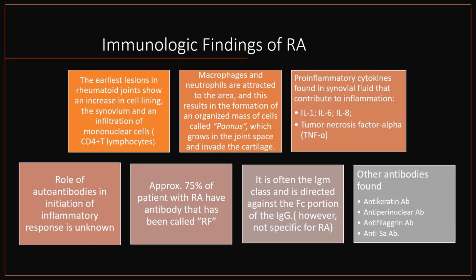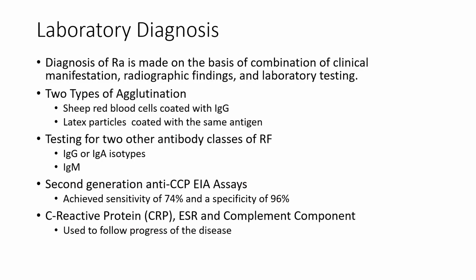The significance of this group of autoantibodies remains unclear because they do not appear to be directly related to pathogenesis. The laboratory diagnosis of rheumatoid arthritis is made on the basis of a combination of clinical manifestations, radiographic findings, and laboratory testing.